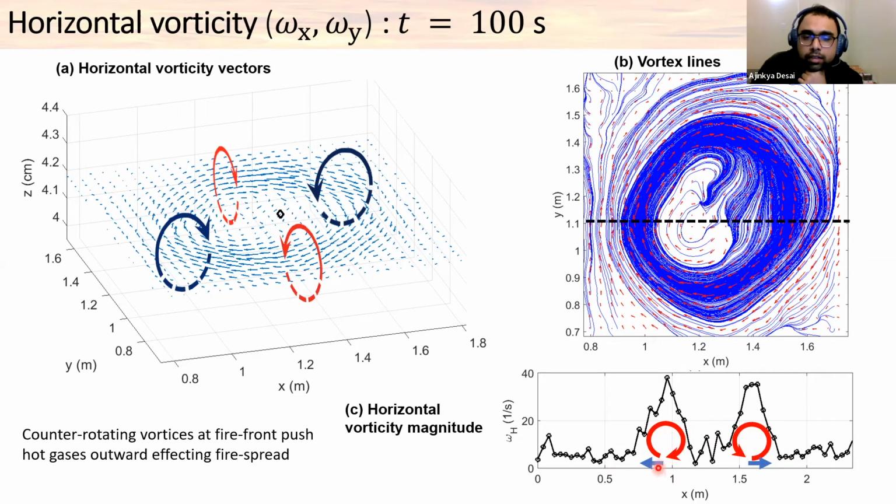So these two arrows are induced velocities. These red arrows in figure B are vorticity vectors. If you were to use the right-hand thumb rule, you would be seeing eddies of this kind, an eddy going out of the plane and inward like that.